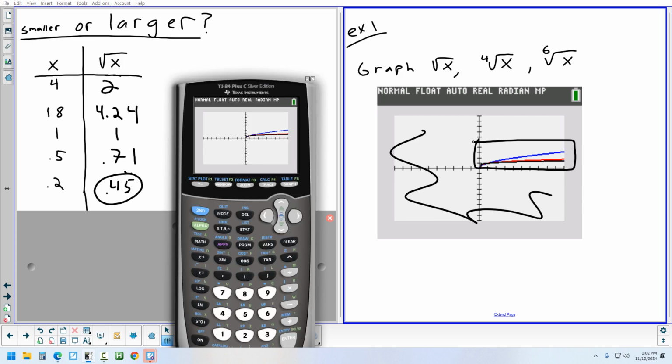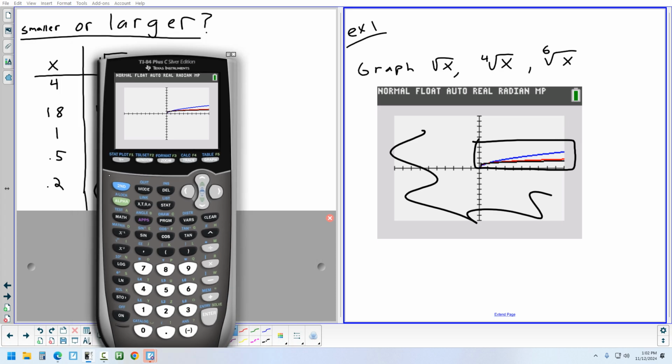The Window is in the Math button, right below the alpha button. Let's set our window 0 to 10. There's no reason to look at negatives because the graphs don't go that way. And let's go 0 to 5.